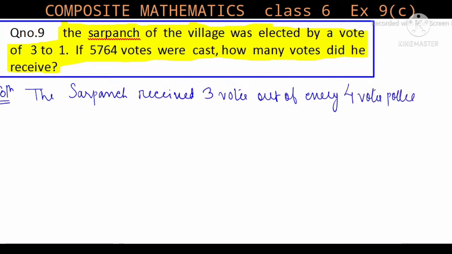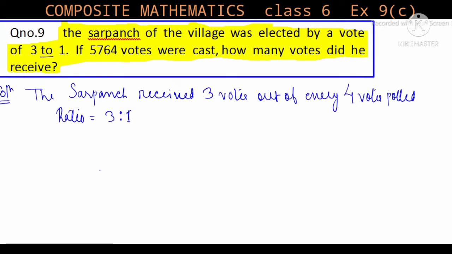Okay, means total 4 votes were cast and out of 4 he got 3. So the ratio will be 3:1. So how do we know 3:1? Because it is given here.